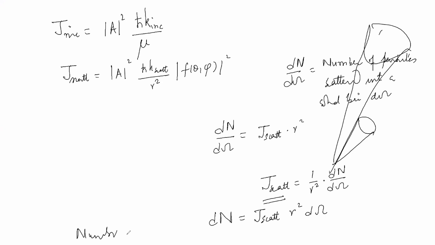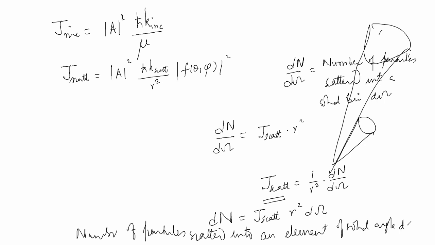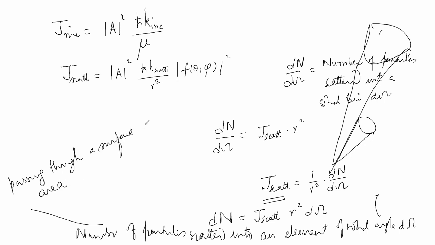This is the number of particles scattered into an element of solid angle d omega, passing through a surface element of area dA.